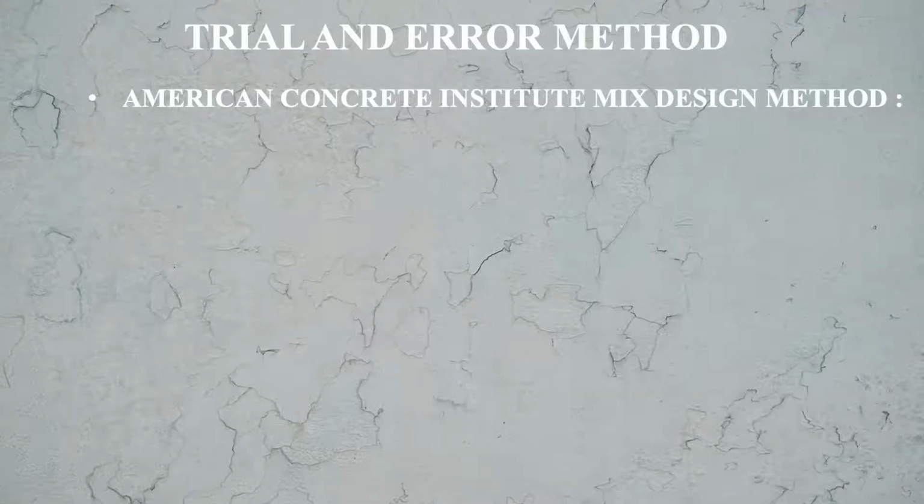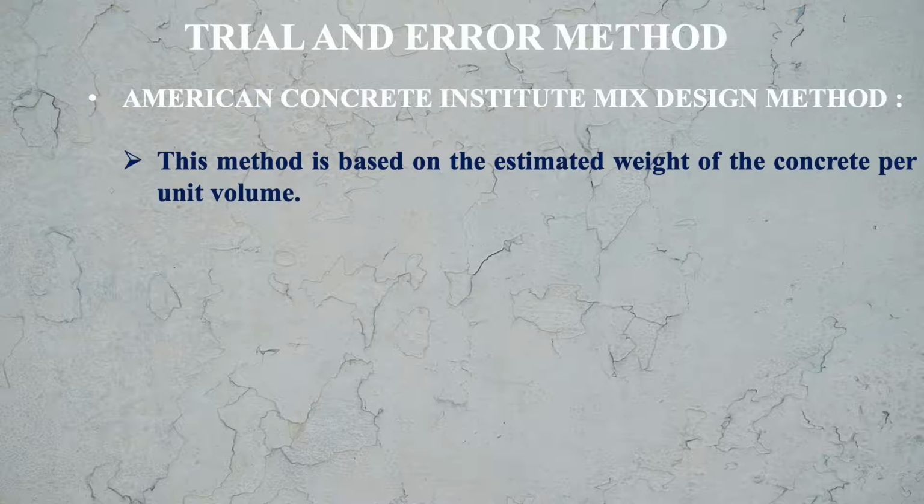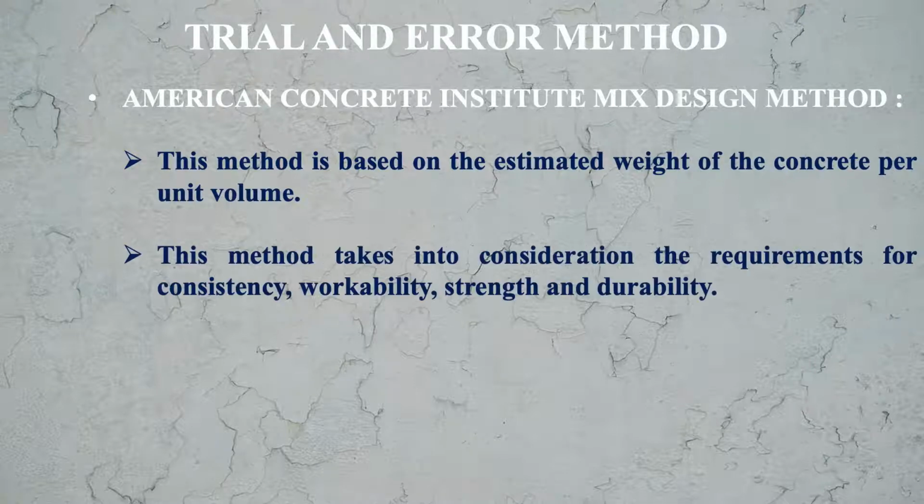Now the next method is the American Concrete Institute mix design method. This method is based on the estimated weight of the concrete per unit volume. This method takes into consideration the requirement for consistency, workability, strength and durability.